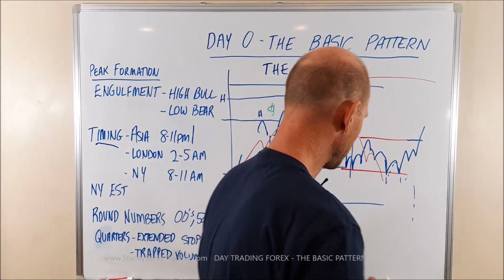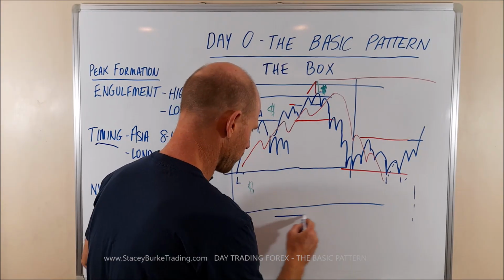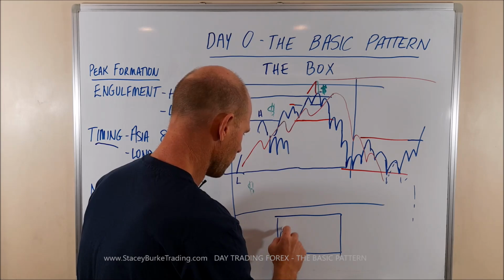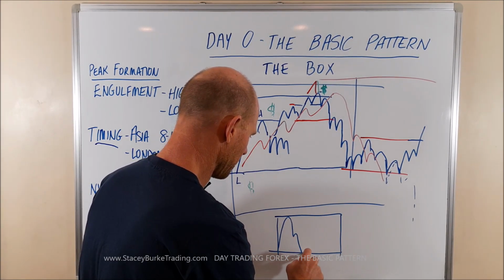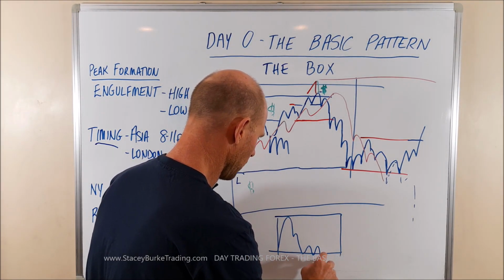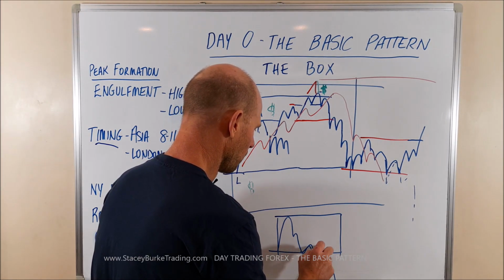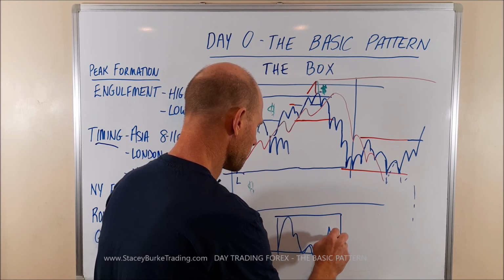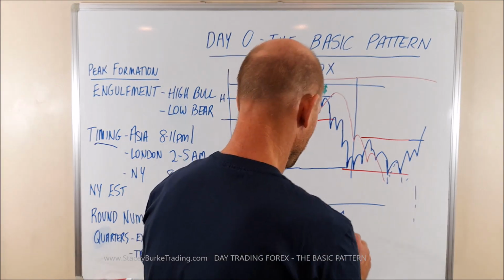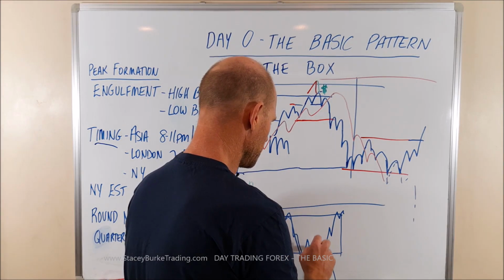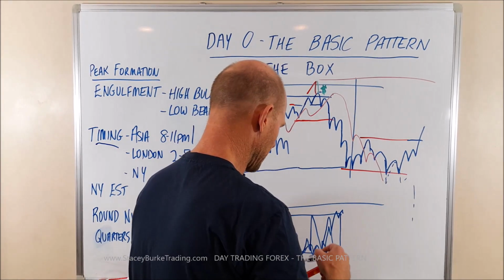So coming back to our simple understanding that price is in a box, we may end up going up and we may end up coming down, but eventually the market will either break out and trend, or it will break out and reverse and go to the other side, or it will break out and just trade back and forth inside of this range.